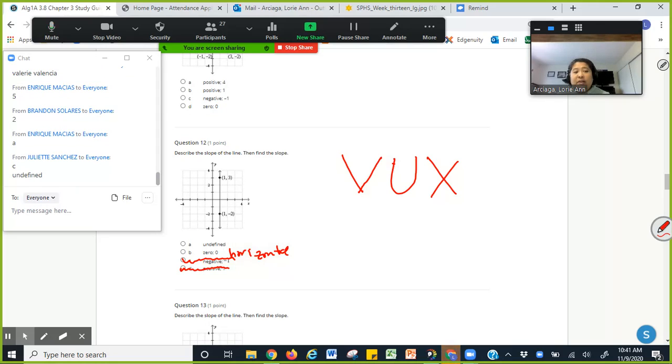So that means you got no choice. It's undefined. That's what this letter U is for. Undefined. There you go. This is vertical. If they ask you what the equation is, you just get the x value where it crosses the x-axis. That's positive 1. So the equation is x is equal to 1. There you go.